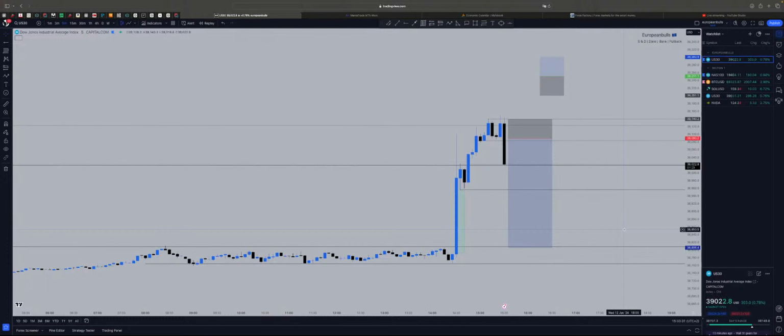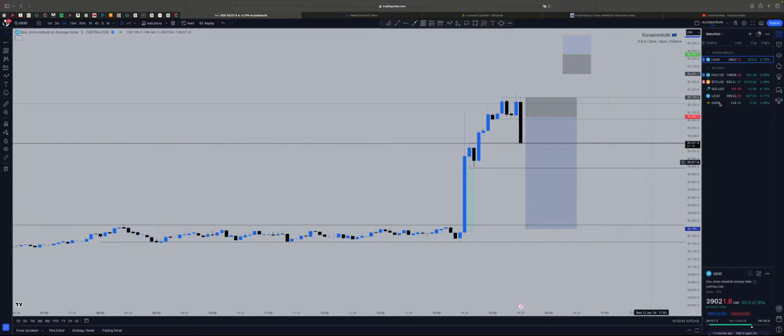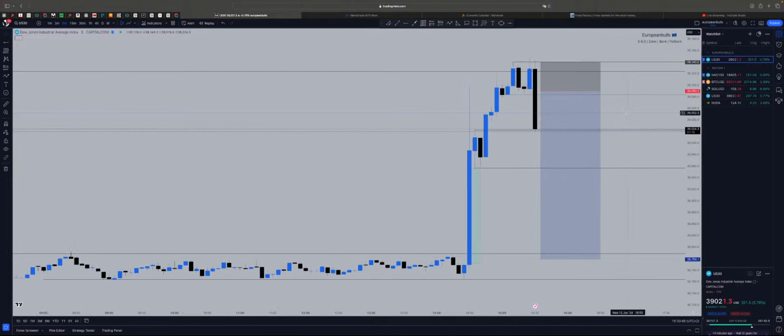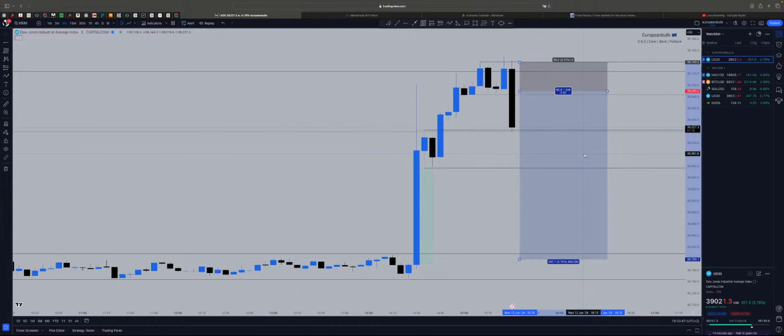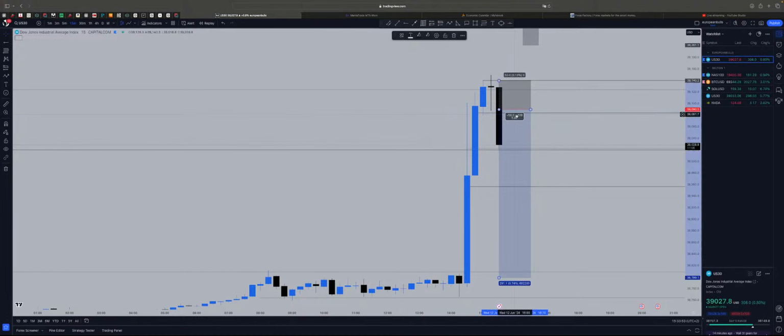Still 1 minute 31 seconds to close. We will wait patiently. I'm in no rush. In a few minutes I could just place the trade in this area.